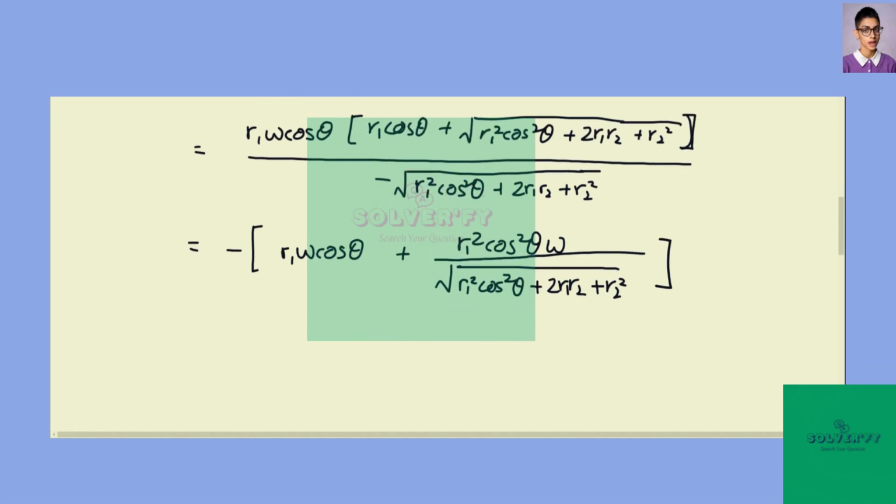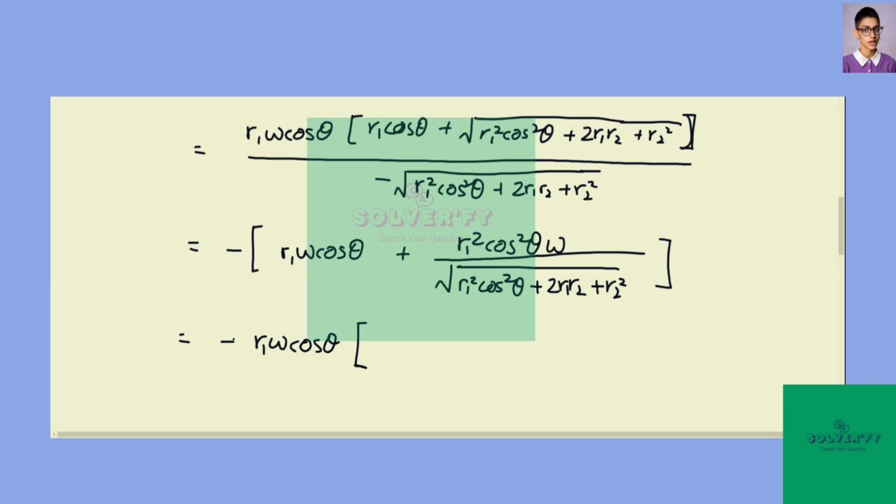Or if you want it to be neater, you can continue to simplify further by taking out the R1 omega cosine theta by not multiplying into the bracket.